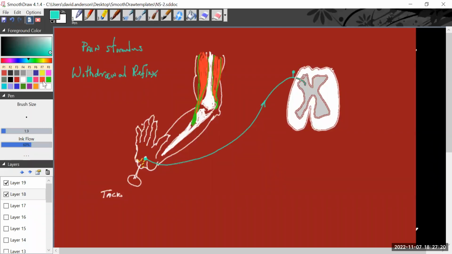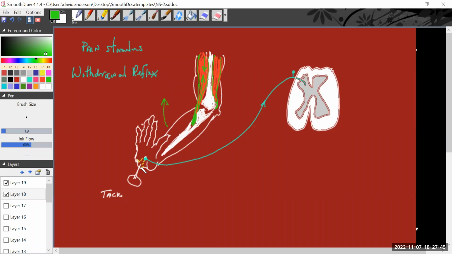Right. And in this picture, what are we going to do to pull away? We're going to have to do what to what? Contraction. Of what muscle? Biceps. Right, the bicep, which is this one, right? In our picture. Yes. We're going to shorten that in order to go away from the tack.